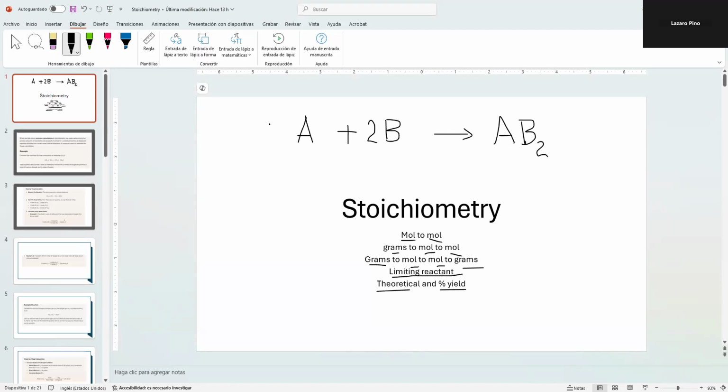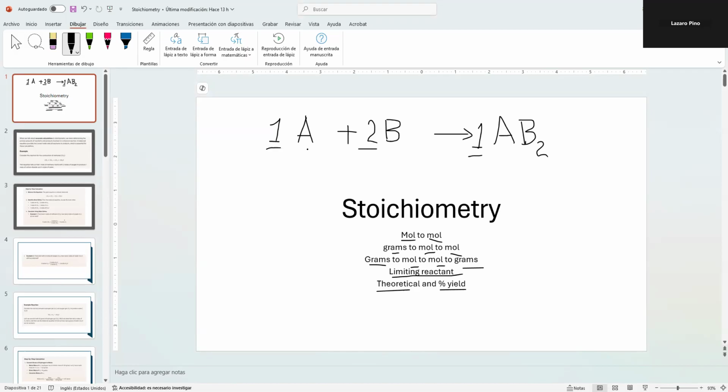What is the meaning of the coefficients? Remember, we have here a number 1, even though we don't write it, and also here. Then these numbers in front of the substances, the coefficients, represent the molecules or the moles of the substance that are reacting in this chemical equation.